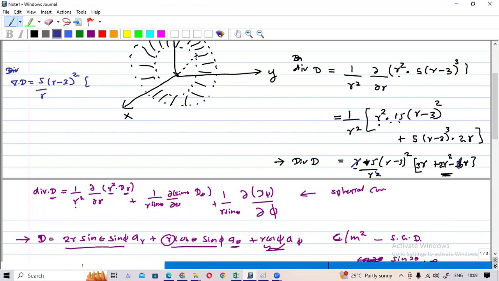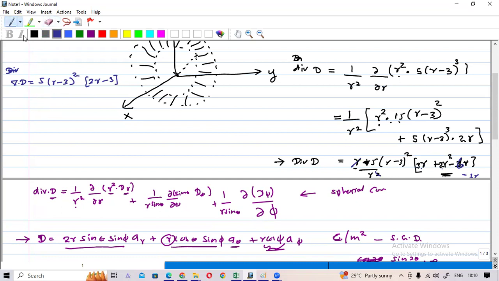This is 6, no? Yeah, 6r. So we will have minus 3r here, 2r square. You can get r out again, this r cancels out, so we will have 2r minus 3. So this is the divergence.